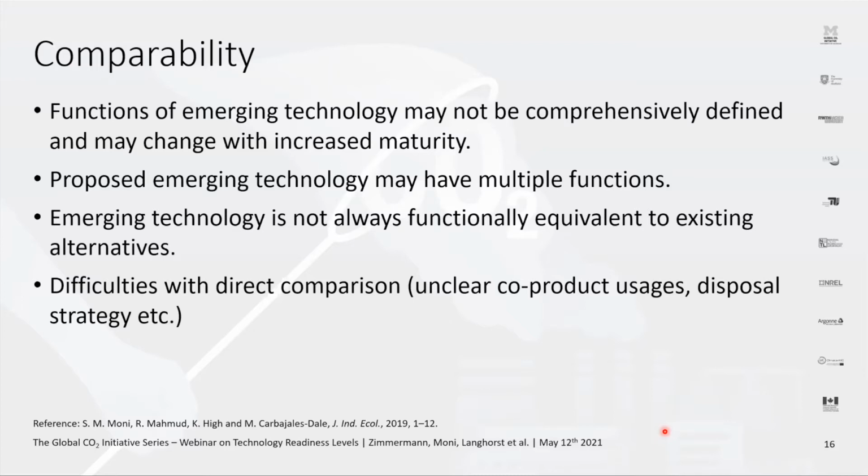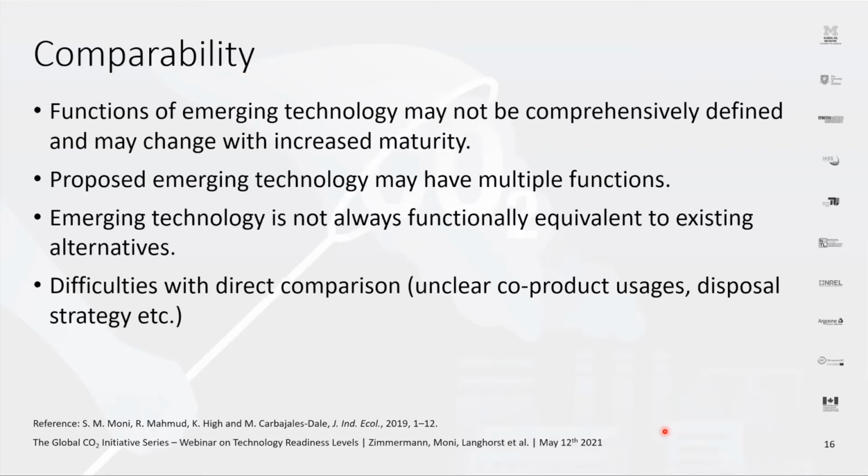For emerging technologies, functional equivalence is another issue. While comparing with existing alternatives, how to make sure of functional equivalency is a challenge while performing LCA or TEA of emerging technologies.